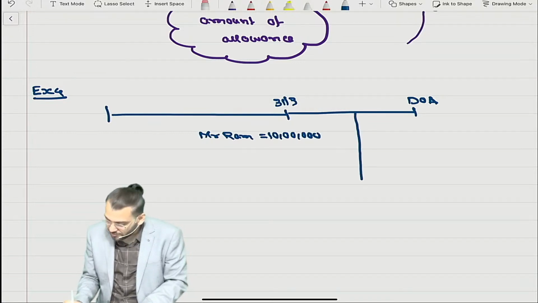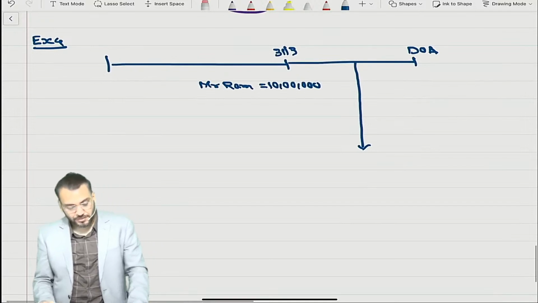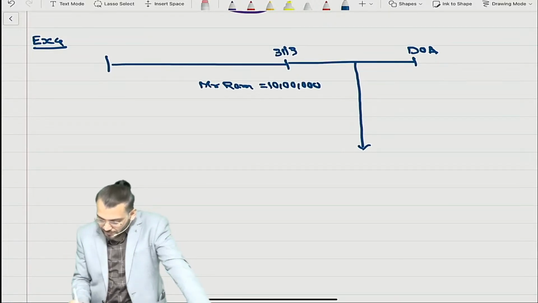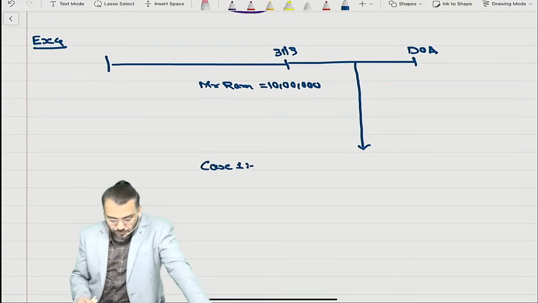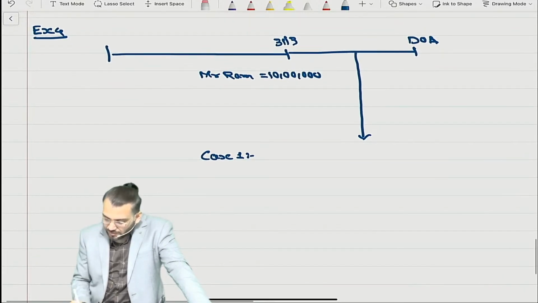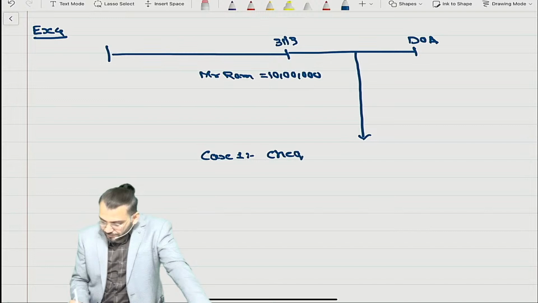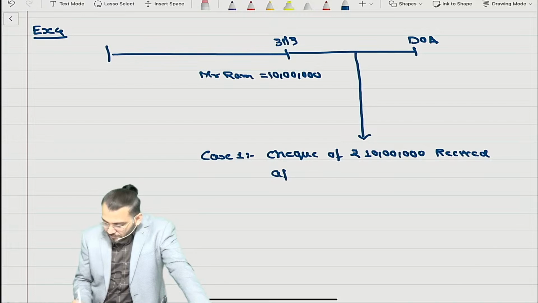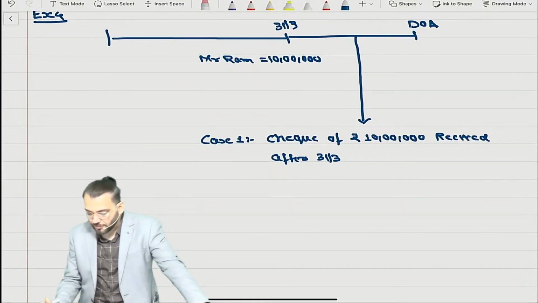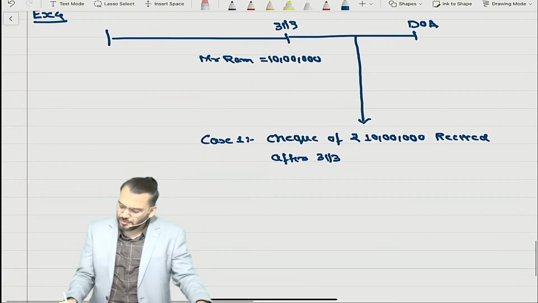Now, I'll ask you in two different cases. Case 1. Cheque of rupees 10 lakh received after 31st March, but before approval of financial statements.